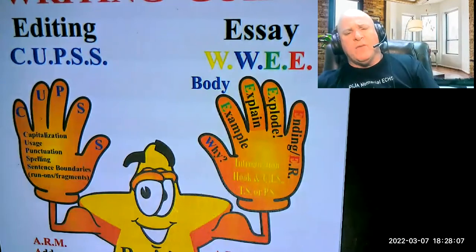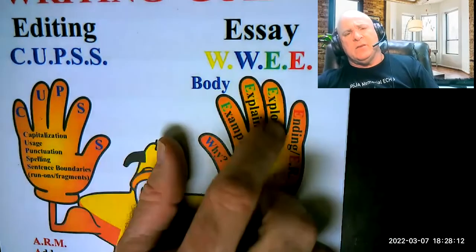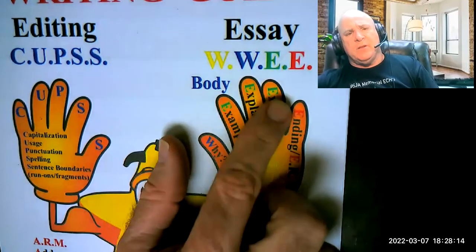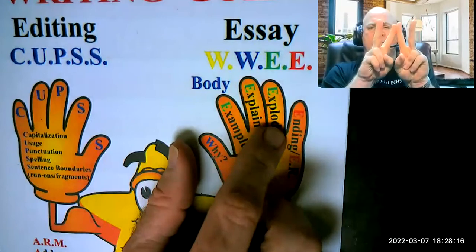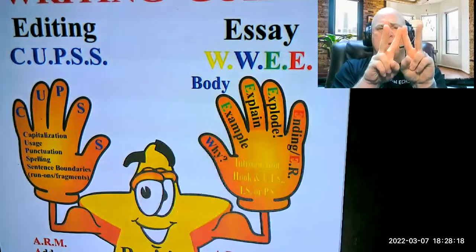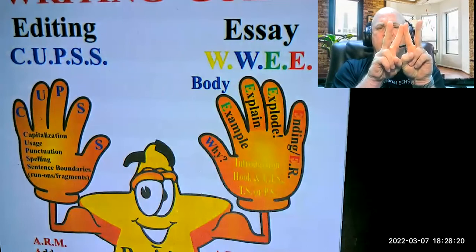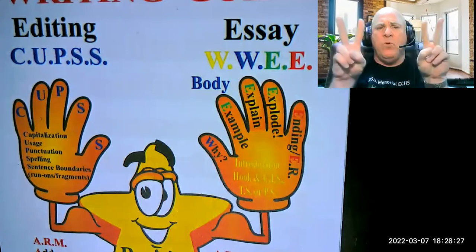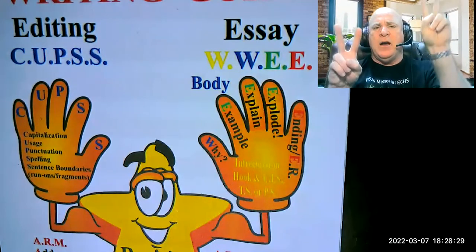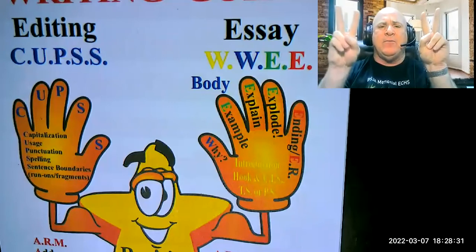Okay. One of the bullets for all the prompts in Texas says, choose your words carefully. So if this W represents the first letter in the word words, I'm going to show you how to get a 3 to turn into a 4 by using higher vocabulary and voice.